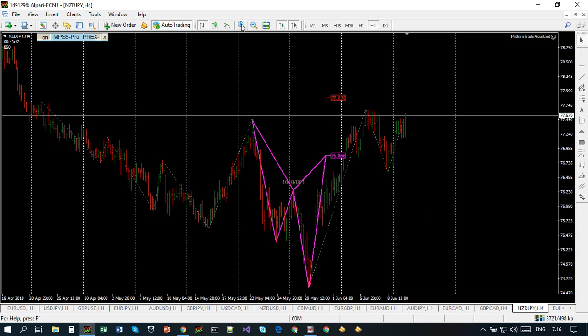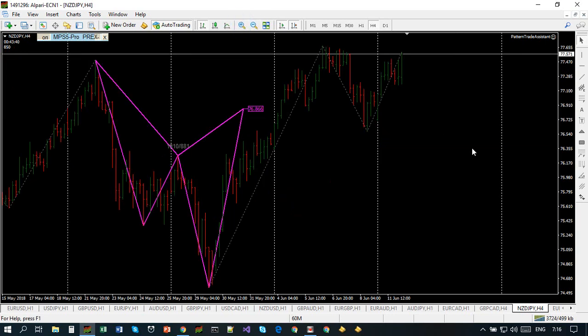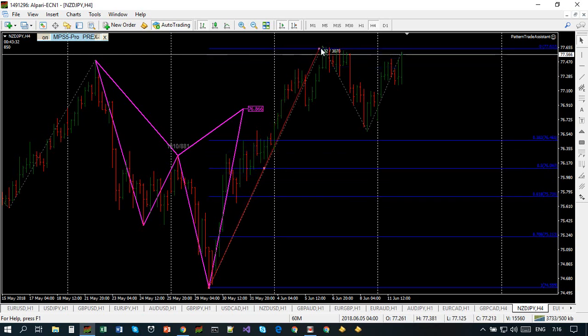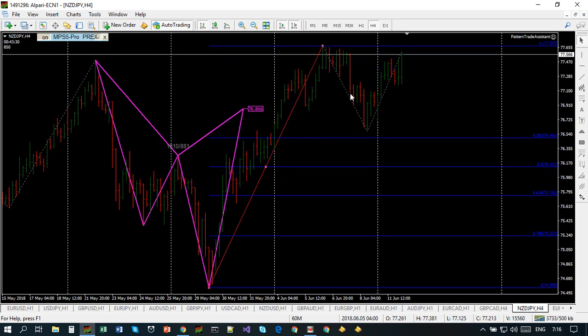Oh, we had a cipher pattern. Let us see. Initial reversal was a trap again, and the later reversal, well, it didn't work. It didn't hit the 382. What I would do in this, I would cover my shorts. I will not wait for it to give me a second chance.